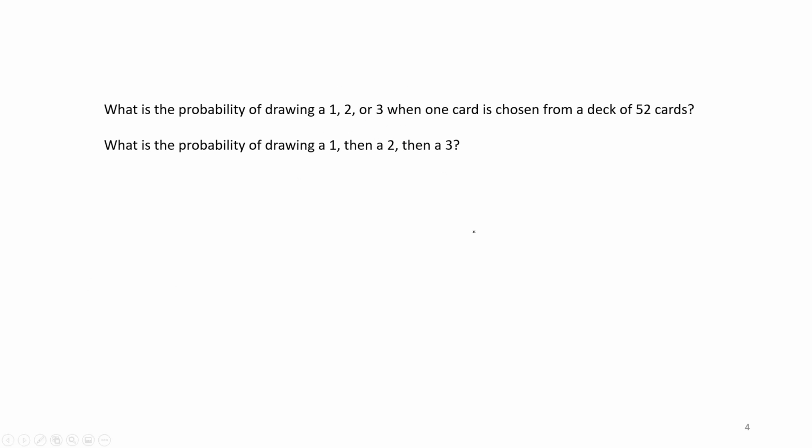There are 52 cards in a standard deck of cards. So whenever you get questions to do with them, 52 if they don't say it. There are 4 out of 52 ones, and there are 4 out of 52 twos and threes. One for each suit. Anyways.